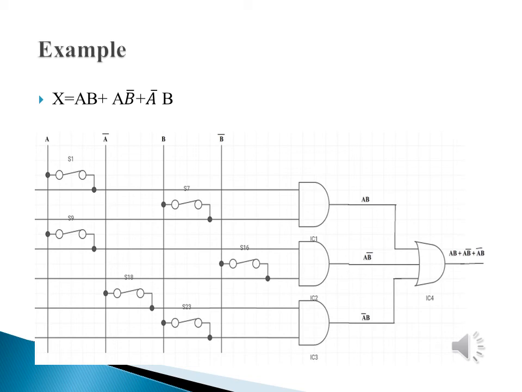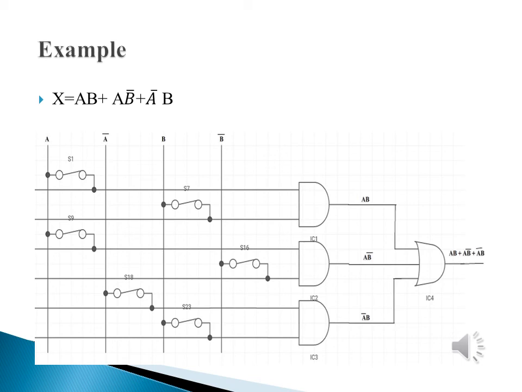As an example, a simple array is programmed to implement x equals ab plus ab bar plus a bar b as shown in the figure, so that the product term AB is produced by the top AND gate, AB bar by the middle AND gate, and A bar B by the bottom AND gate.